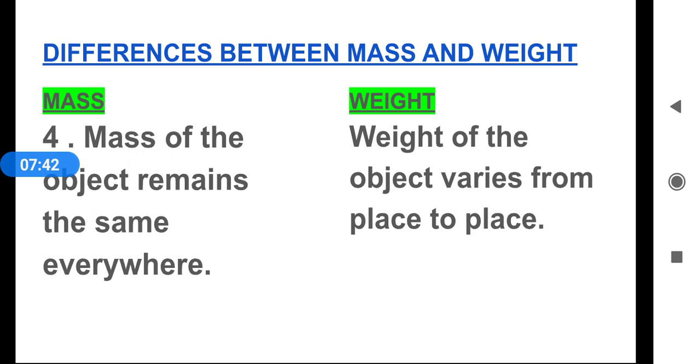But his mass is still 70 kilogram on the moon. So due to variations in gravity at different places, weight of an object varies from place to place.